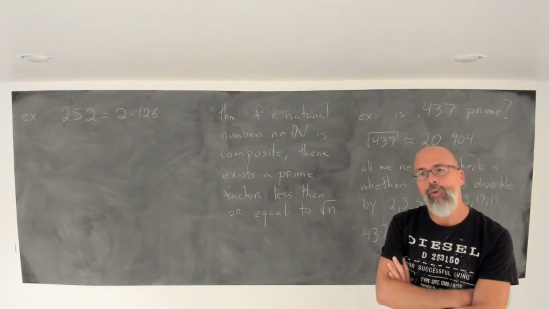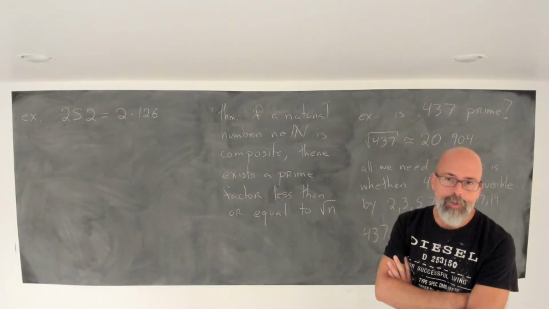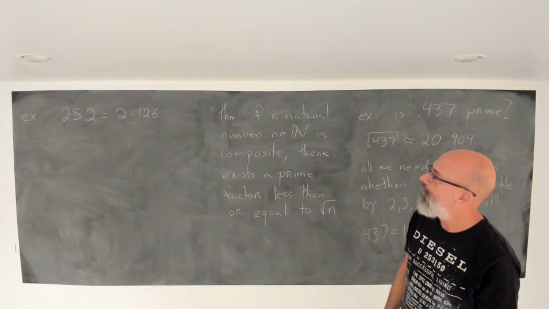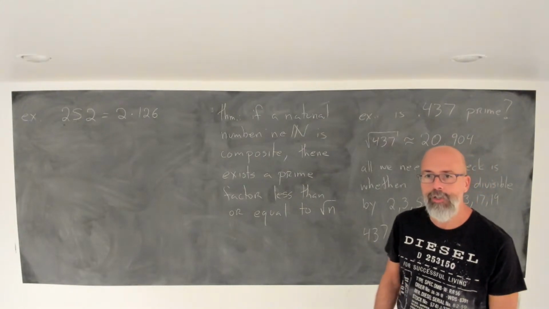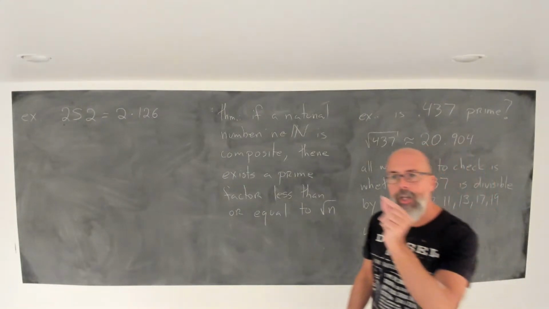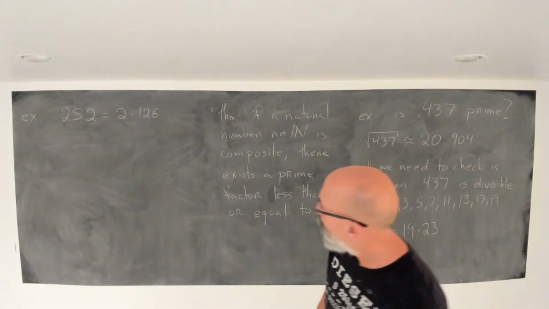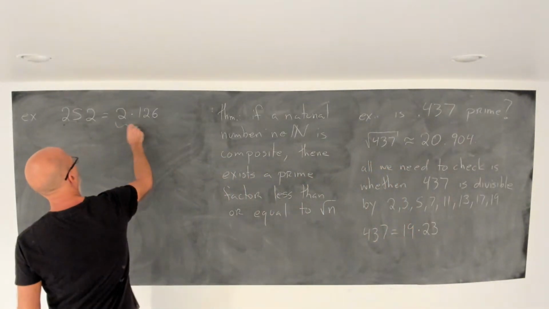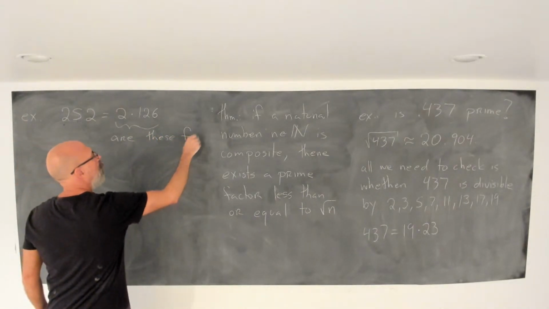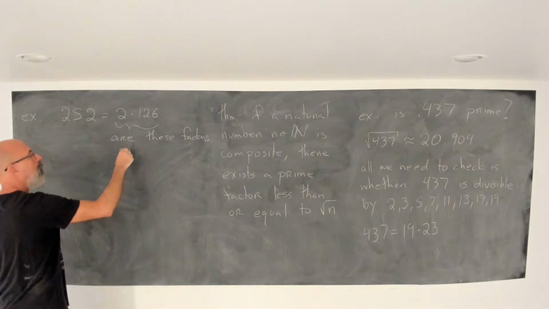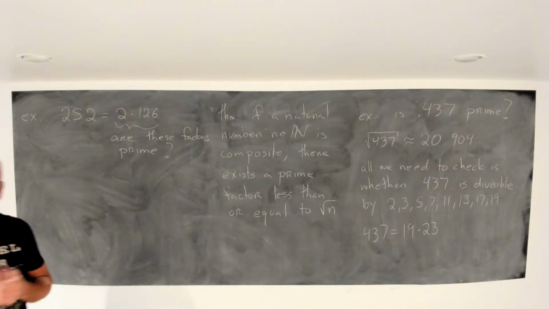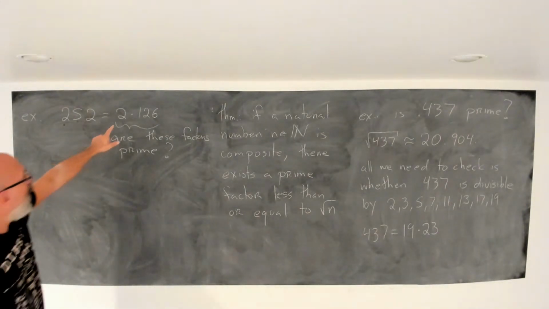Right, so 252, not prime, obviously. And we have factored it in this way. It's 2 times 126. And now we can ask the same question. Are these factors prime? Well, 2 is prime, absolutely.